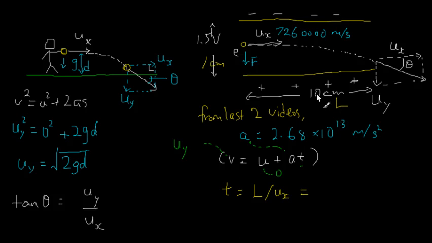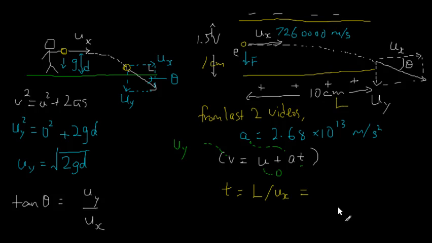Now we know L is 10 centimeters, which is 0.1 of a meter, and we know ux is given here, right? This big number here. So we can substitute these two numbers into here and find the value for t with my calculator.